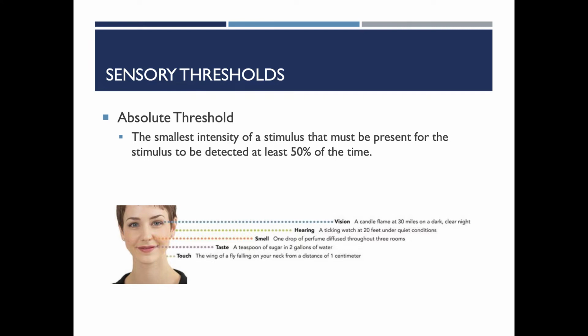Half a teaspoon in that same 2 gallons of water, and you wouldn't notice most of the time. For touch, you can feel the wing of a fly falling on your neck from a distance of 1 centimeter. So these are absolute thresholds, what humans are able to detect.